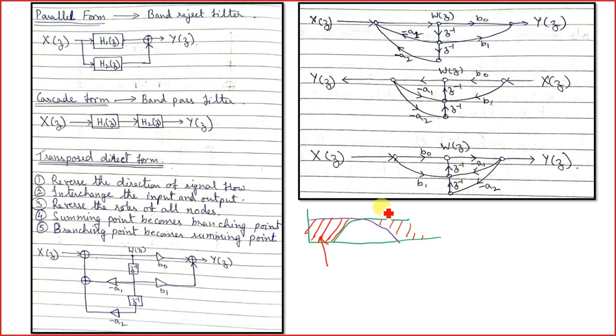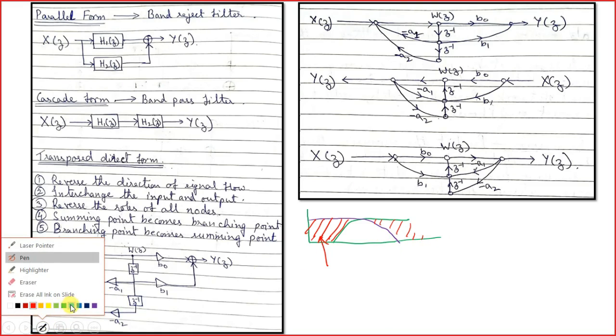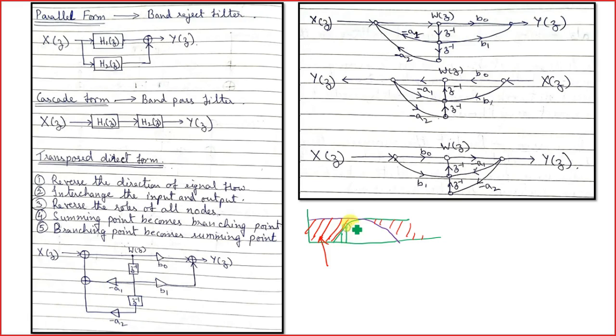Herein we have applied the high pass filter first. So during the first stage, these low frequency components have been eliminated, and in the next step, when we have applied the low pass filter, the frequency components above the low pass cutoff frequency have been eliminated. So again, we are left with the green shaded area, which is again helping you to design the band pass filter.